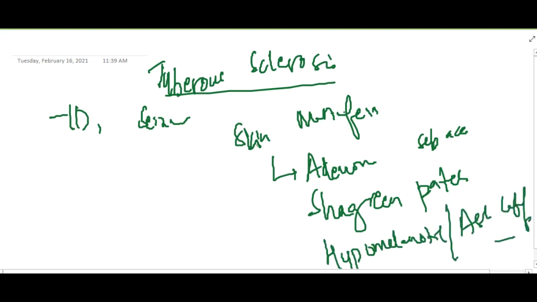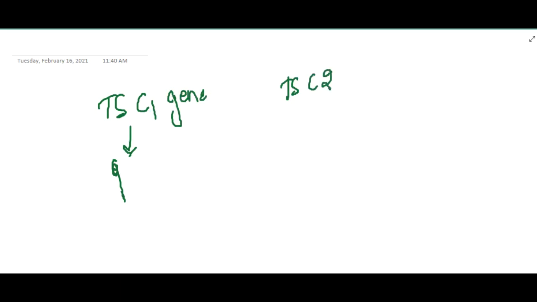If we see the genetic defect in tuberous sclerosis, there is a defect in the TSC1 gene on chromosome 9 and the TSC2 gene on chromosome 16.